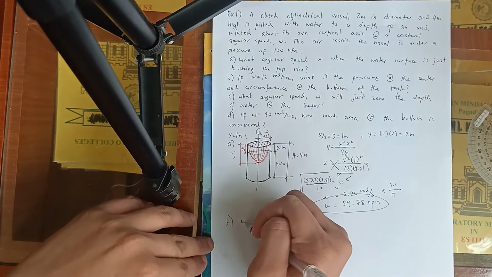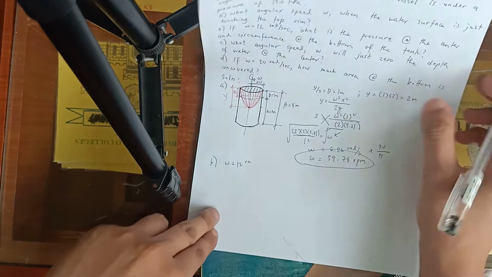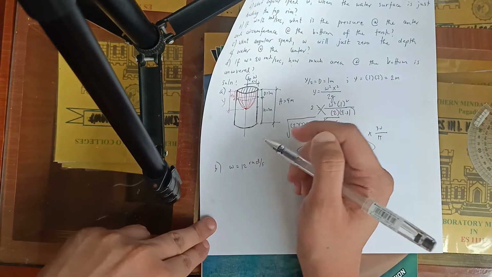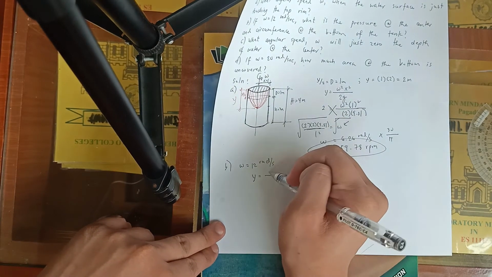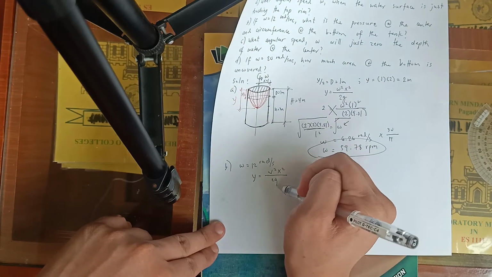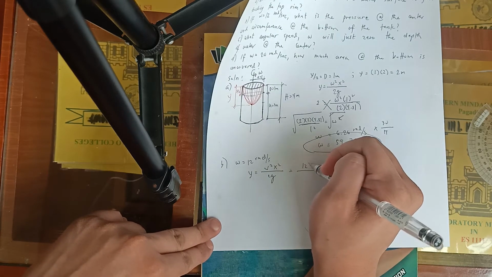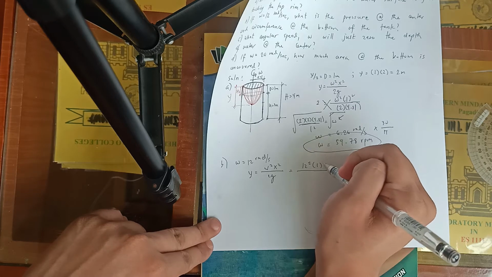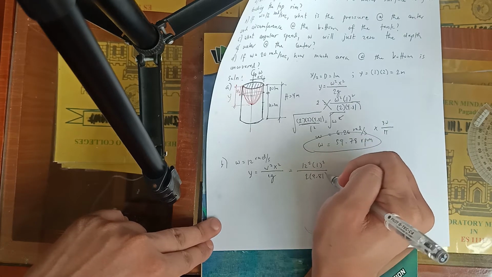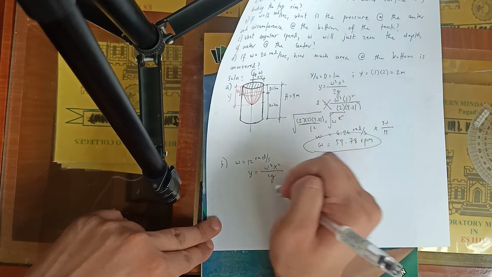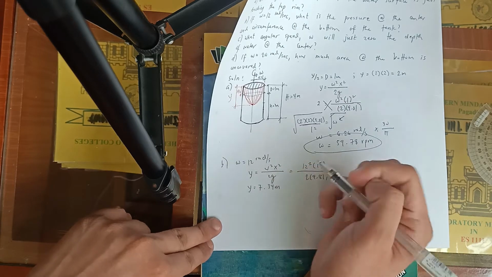Given omega of 12 rad per second, using this formula, omega squared x squared over 2g, 12 squared times 1 squared over 2 times 9.81. Therefore our y is 7.34 meters.